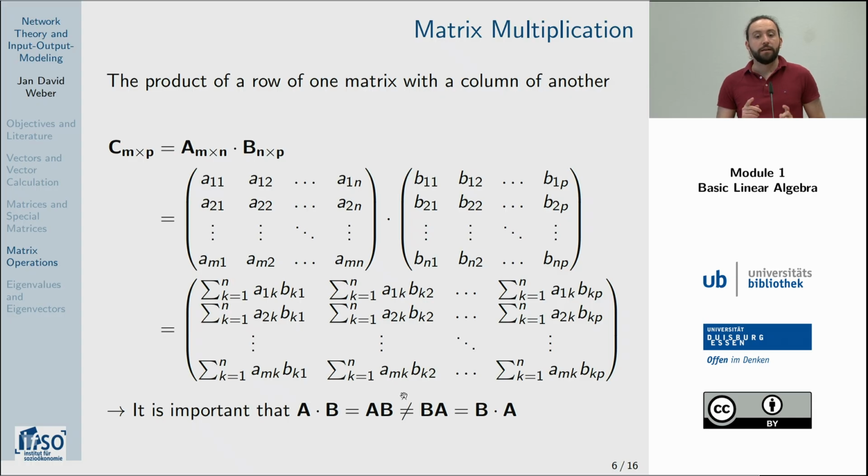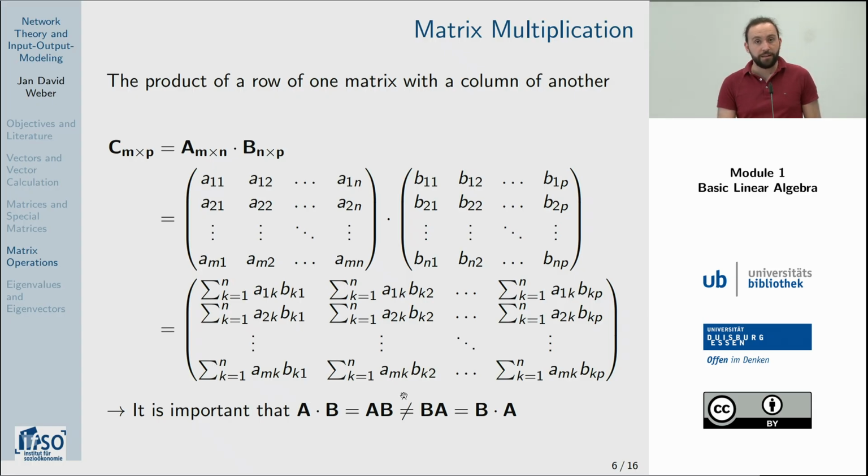This means that just because you can multiply A and B to get C does not mean you can multiply B with A. This only works if both of them are quadratic. But otherwise, if you have rectangular matrices, this will not work.